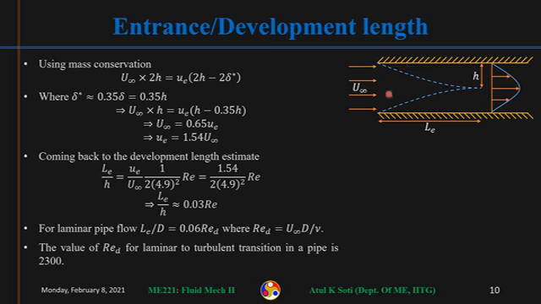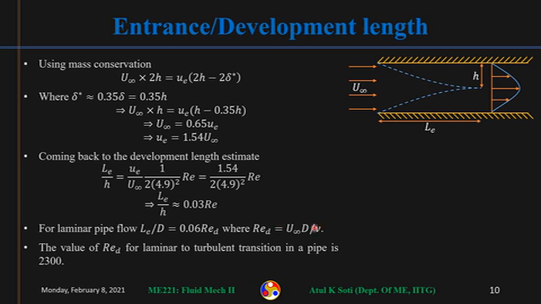Instead of having a channel, you will have a pipe of diameter d, and there also you assume a flat plate boundary layer. After doing that you will find that for laminar pipe flow, Le by d will be approximated by 0.06 Red, where Red is the Reynolds number based on pipe diameter.